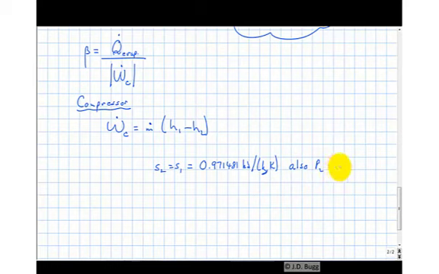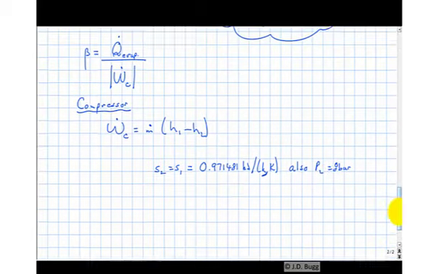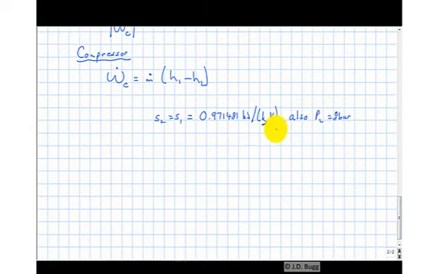So there's our two properties, 8 bar and that entropy, and this will put us in the superheated region. The inlet to the compressor is slightly superheated, so as it goes through the compressor it'll actually move out further into the superheated region. So we know this is going to be superheated, so we go to the superheated table for our 134A and we find H2 is 284.51 kilojoules per kilogram.